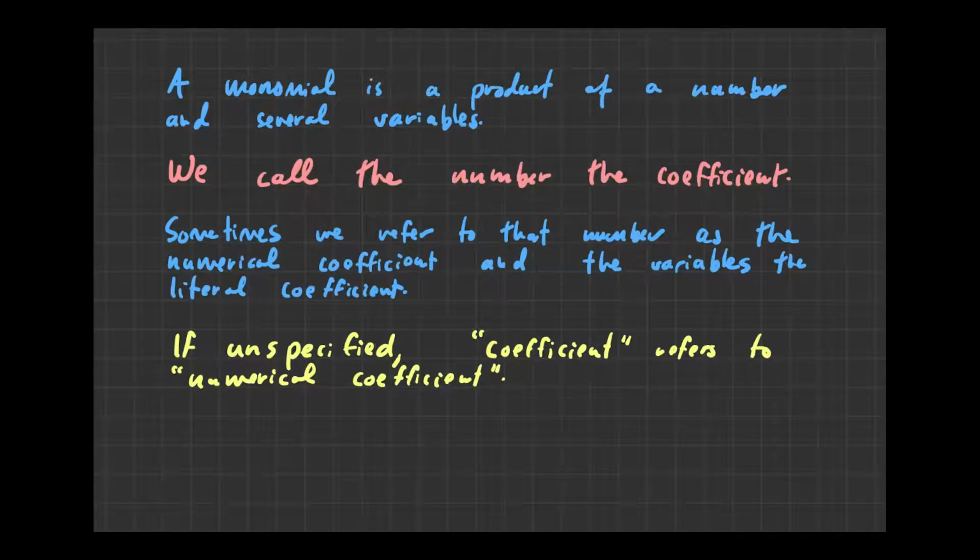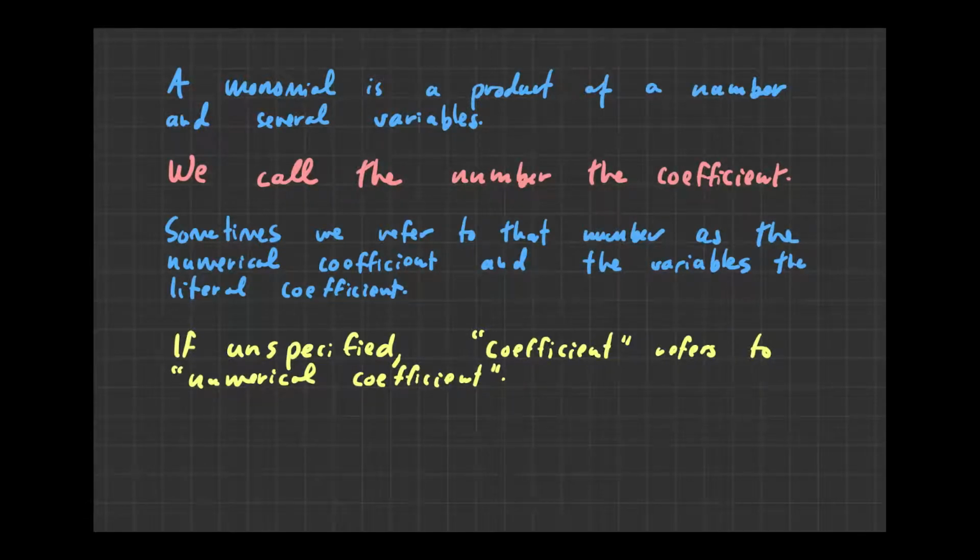In fact, in my 10 years of being a full-time university student studying math, I've never heard anyone refer to a numerical coefficient or a literal coefficient. I've only ever heard anyone call the coefficient the coefficient. So we'll just stick to the word coefficient, but it is important to know that you can call different things different things.